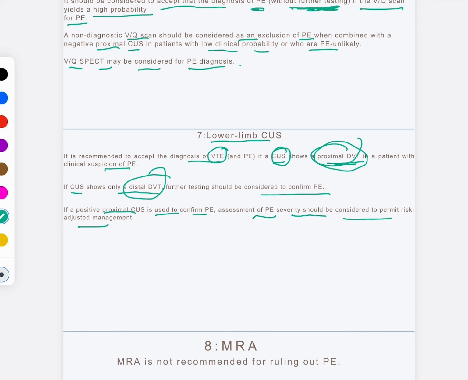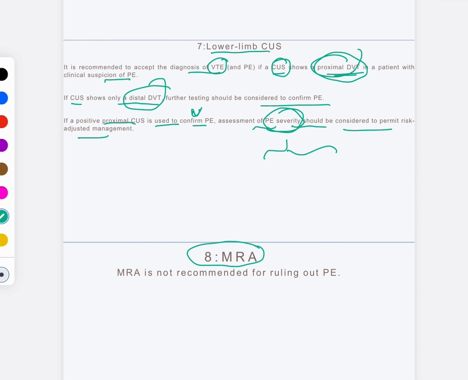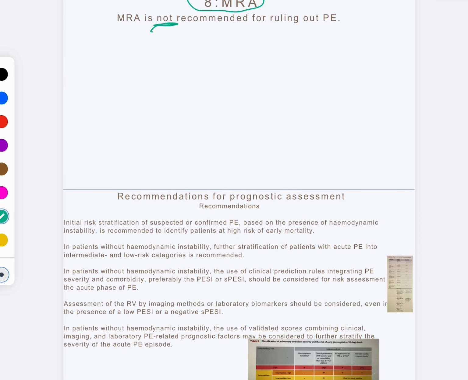So you have to classify the pulmonary embolism severity, which we will learn later on, to start risk-adjusted management. MRA, magnetic resonance angiography, is not recommended for ruling out PE according to the guidelines.